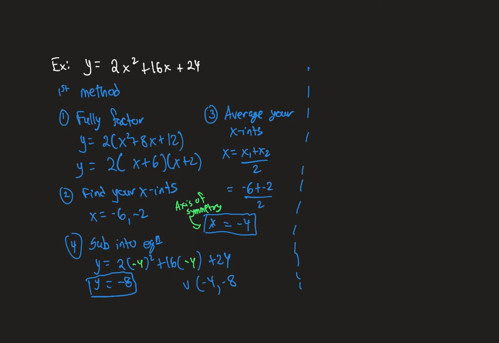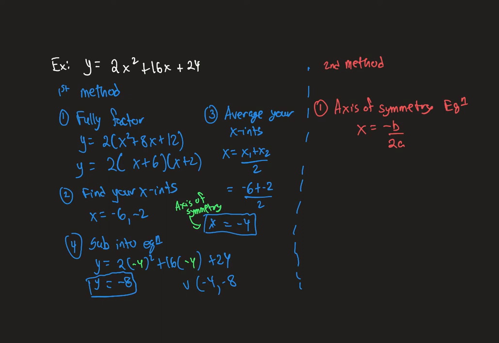Our second method is going to look similar to the first one, but instead of having your first step as fully factoring, your first step is to use the axis of symmetry equation, which is x is equal to minus b over 2a.